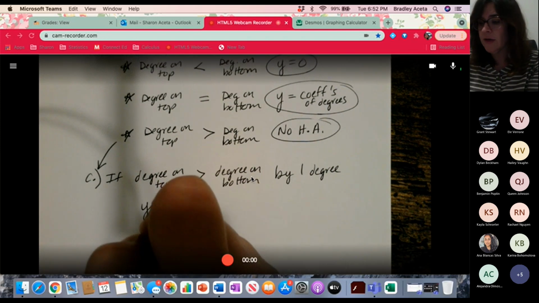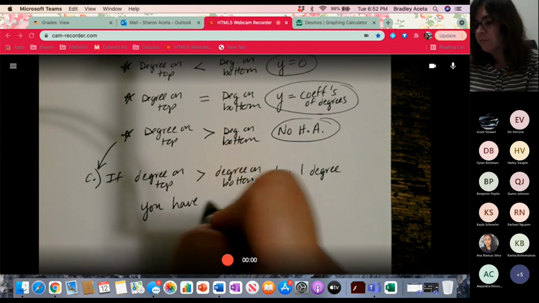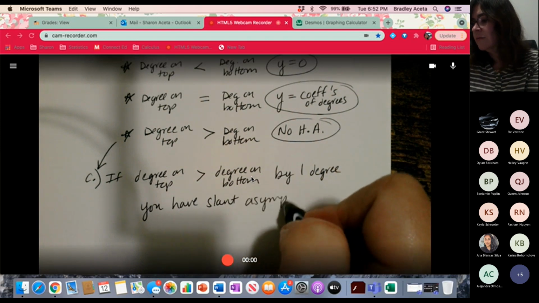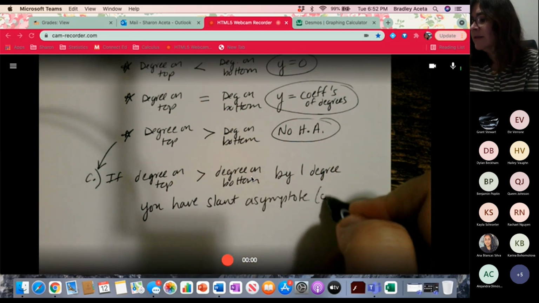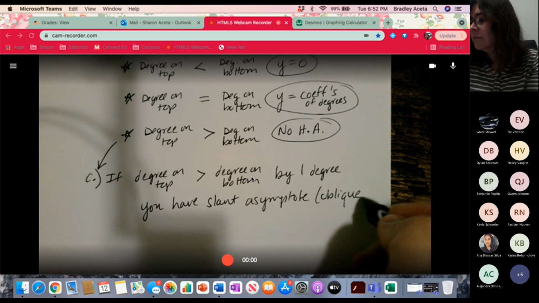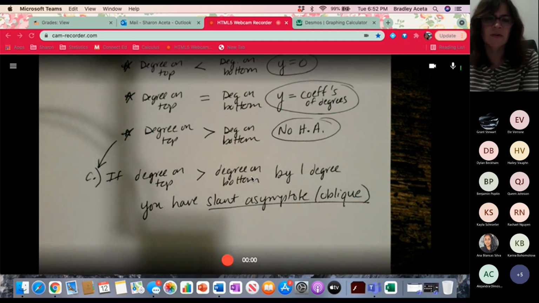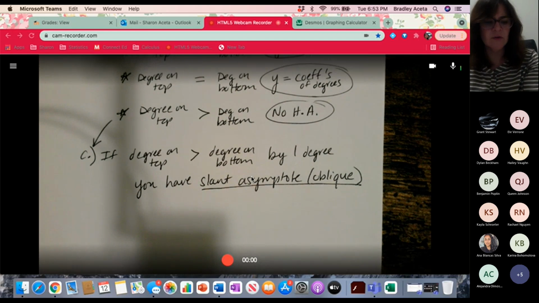You could have a slant asymptote, also known as an oblique asymptote. Every book is different and calls them different things. Slant asymptote or oblique asymptote.